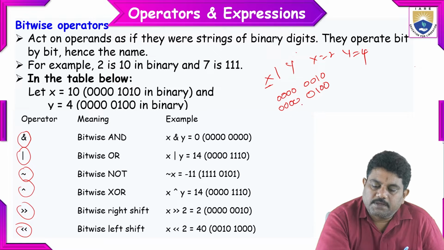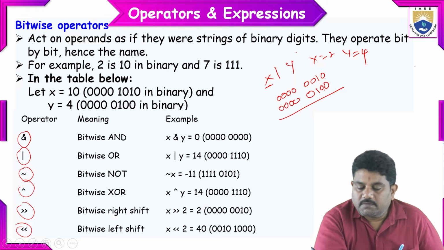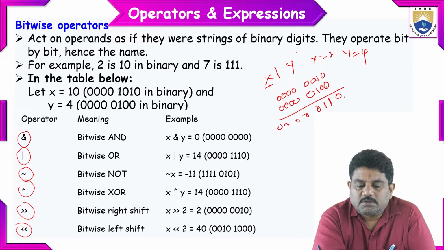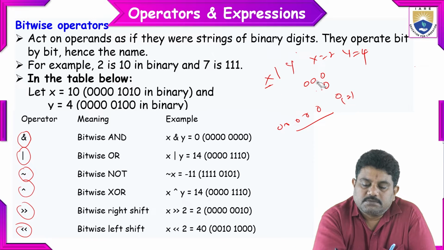Now X or Y. While performing X or Y, you have to look at the digits of each number. 0 or 0 becomes 0. 1 or 0: if any one of the inputs is 1, then the output is 1. But here both are 0, remaining all zeros. So 1 1 0 is the output for X or Y. Next, we'll see another operator.